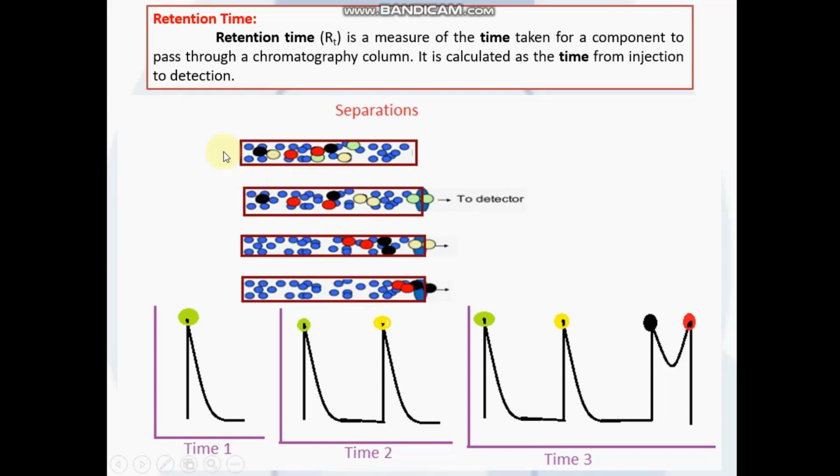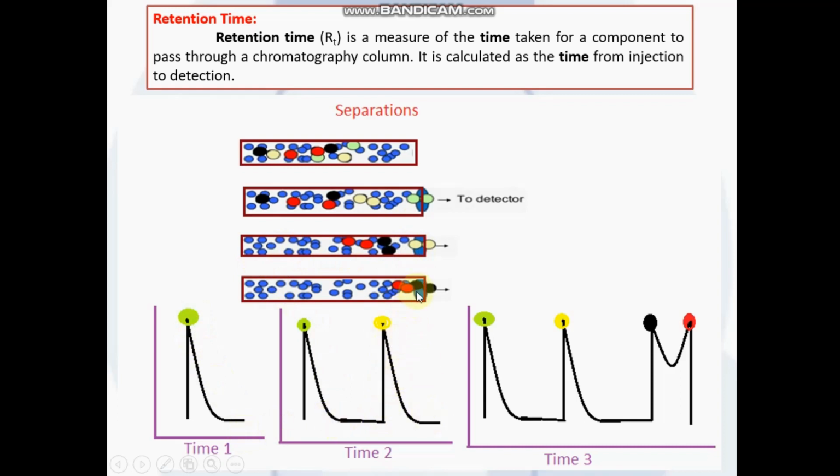Those components pass through this column. The first component that emerges from this column is green, so that signal is first recorded like this. Then the second component, yellow, emerges, and that component is recorded like this.